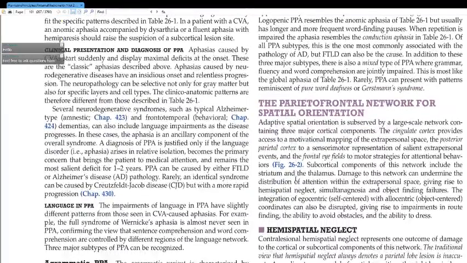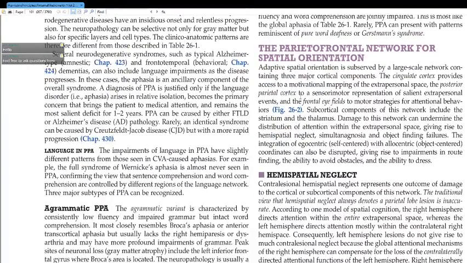Now we've come to the parieto-frontal network for spatial orientation.